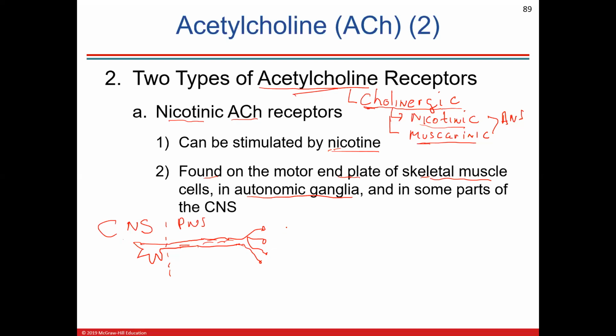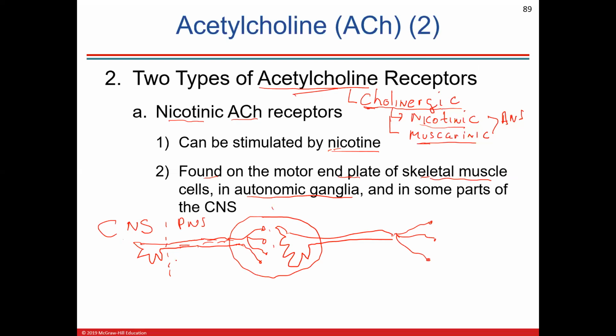So now you have a postganglionic neuron, with an axon and axon terminals. Now this is autonomic, not just muscle, right? So right here, this connection is a ganglion. It's a synapse, of course, but this is called a ganglion.